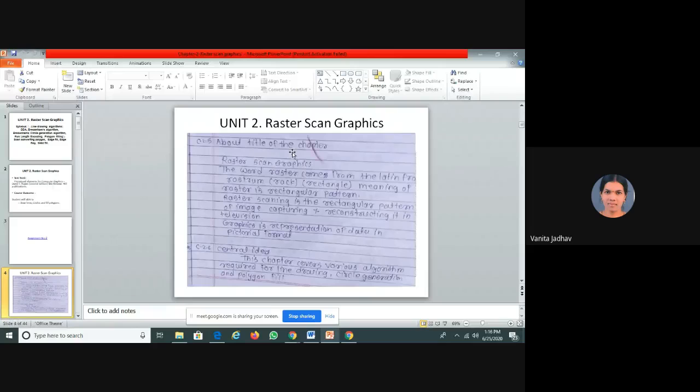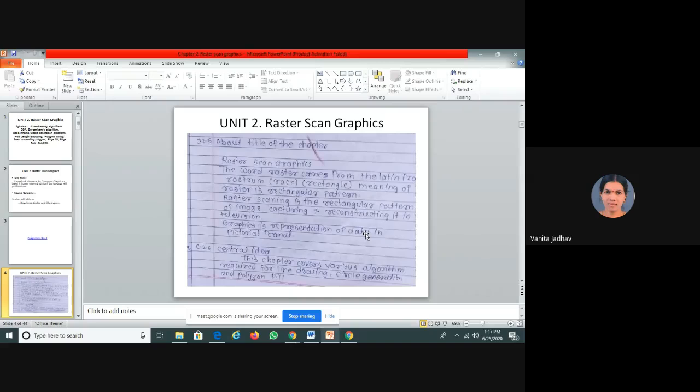Next, the title of the chapter. Note down the title: Raster Scan Graphics. I have given the word-by-word meaning here. The word raster came from the Latin word rastrum, and the meaning of rastrum is rack. The shape of a rack is like a rectangle, so the meaning of raster is rectangular pattern.